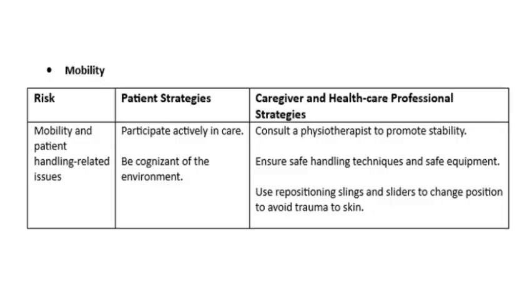Next, we're going to look at mobility. So risk factors with decreased mobility. So mobility and the patient. What can the patient do? They need to be very conscientious of the environment that they're in. If they're having mobility issues already, for some reason, the older population loves those carpet runs.